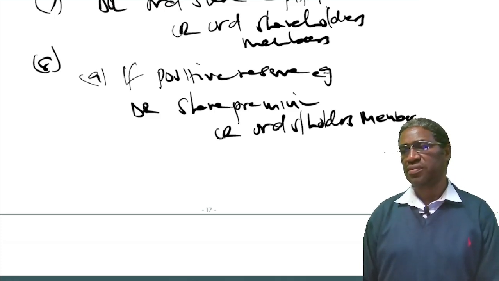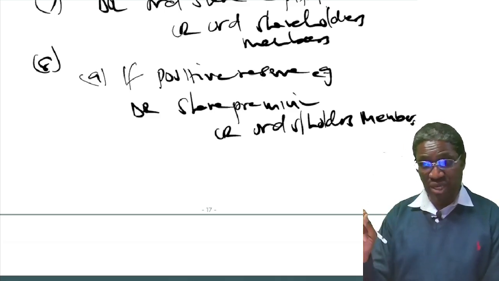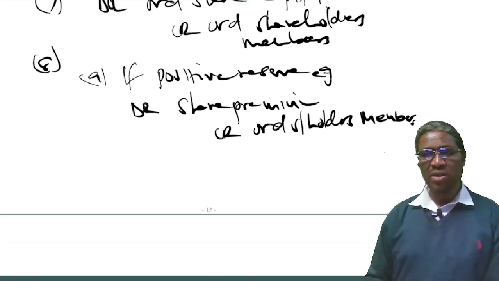That is, if positive reserve, e.g. share premium, debit share premium, credit ordinary shareholders members.